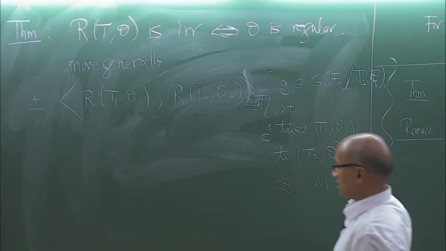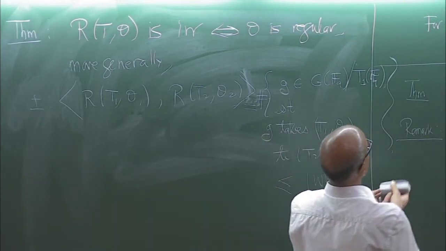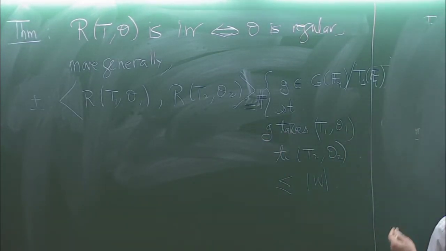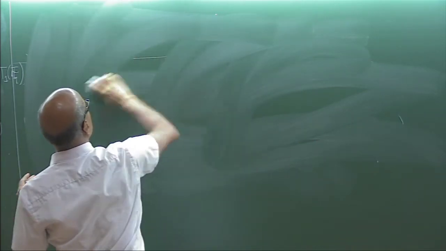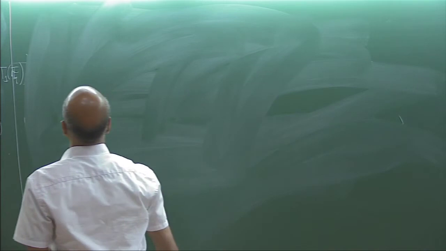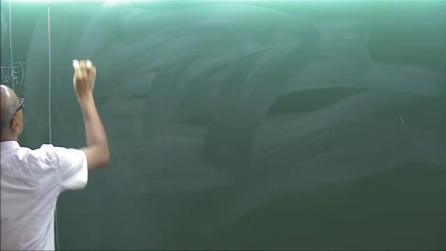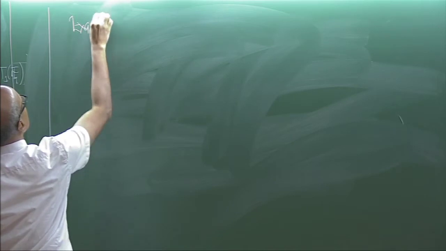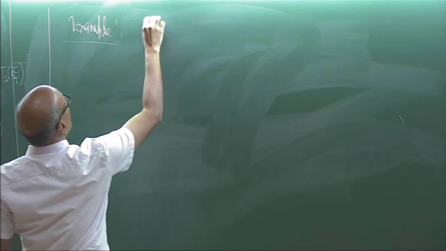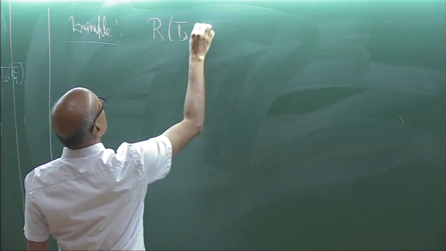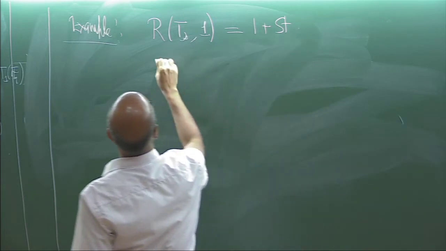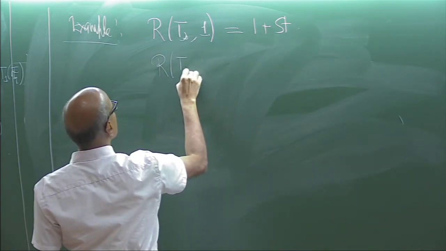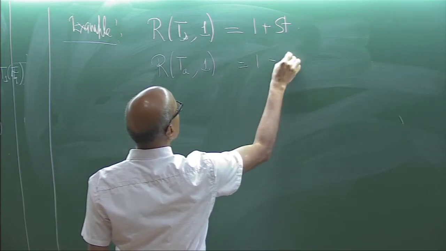So one of the subtleties which I was getting a little confused on the board is the following to keep in mind. For example, R_T split, 1. For GL2, it is 1 plus the Steinberg, whereas R_T anisotropic, 1, it is 1 minus Steinberg.